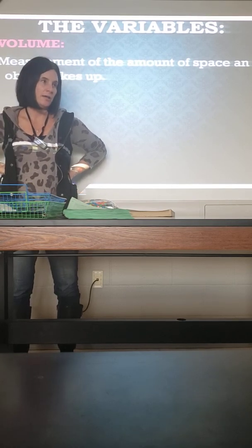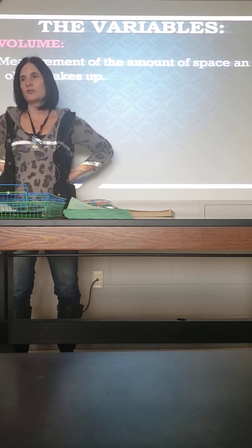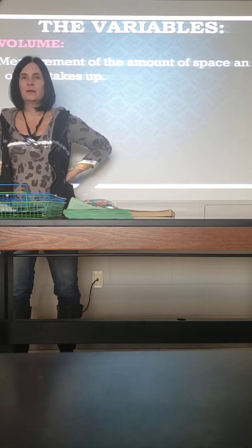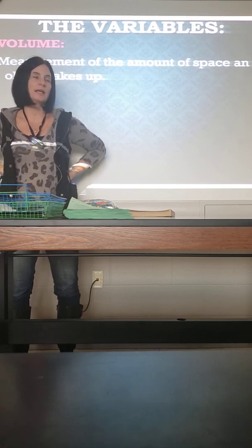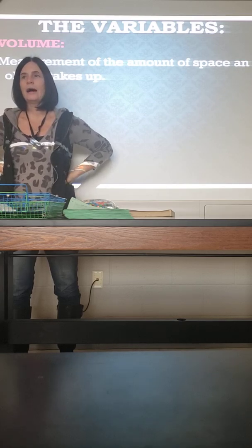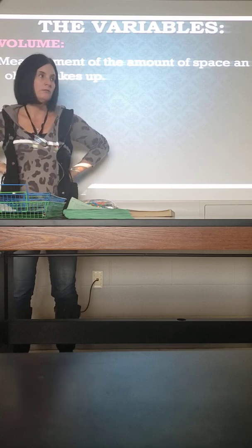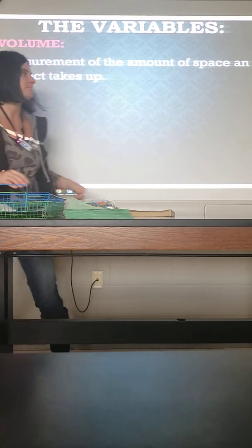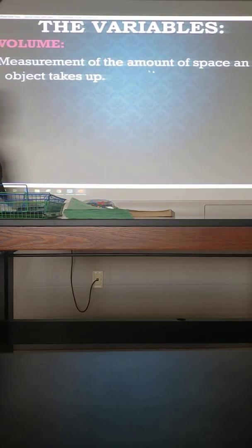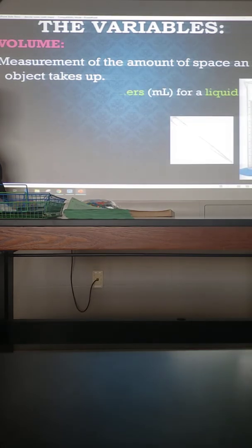Same thing with elevators. You'll see maximum capacity, and it might say people. Sometimes it'll even say kilograms, like how much mass can fit in that elevator with the elevator still functioning the way it needs to. All right, so it's basically the amount of space that an object is taking up.